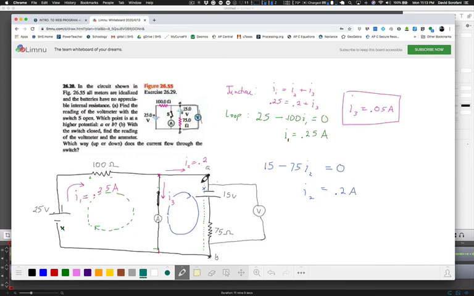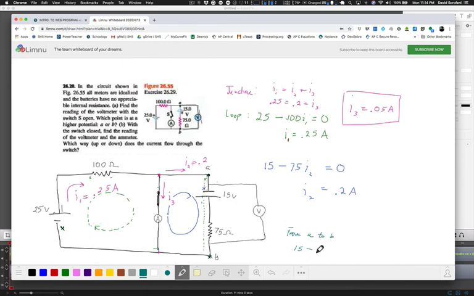because again, starting at point A and just walking my way down to point B and looking at the differences in voltage, I would say, from A to B, what happens? So I see a voltage rise of 15 as I go across the battery, and then I see a drop of IR where my current is 0.2 and my resistor is 75.